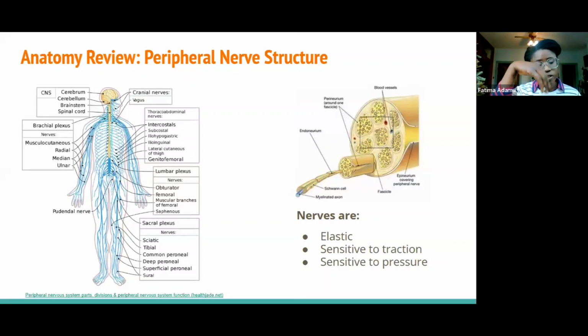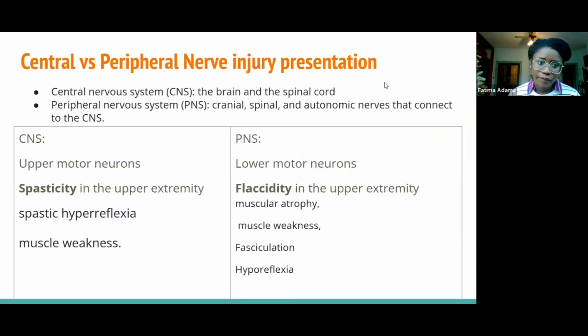Right, I'll go into more detail of that. So traction and pressure. It can be helpful that the nerves are elastic and can stretch when you stretch, but there's a threshold at which there's too much. Okay.